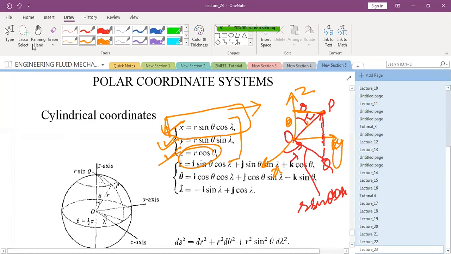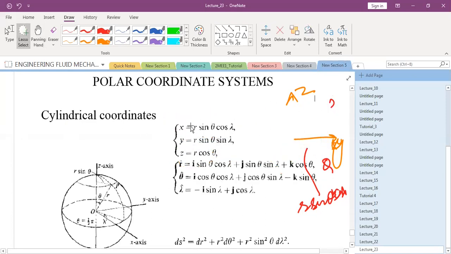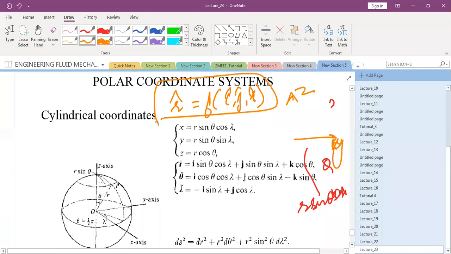Now if I want to write down r as a function of i, j, k, what is the modus operandi? What should I do now?